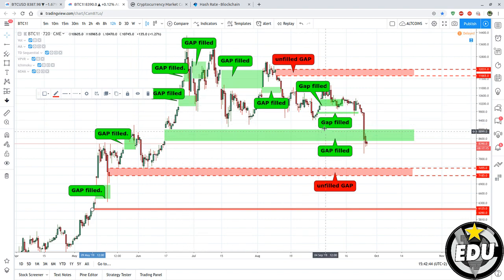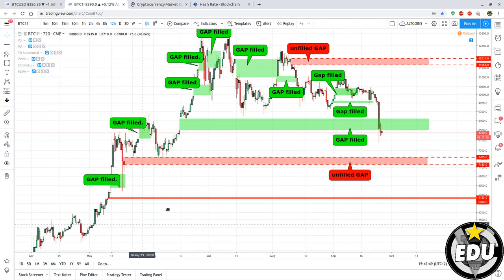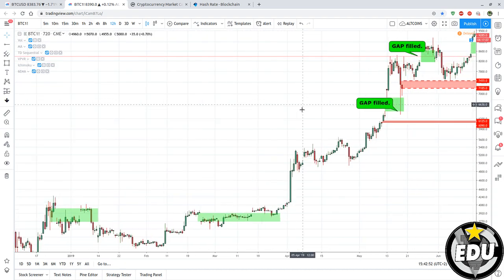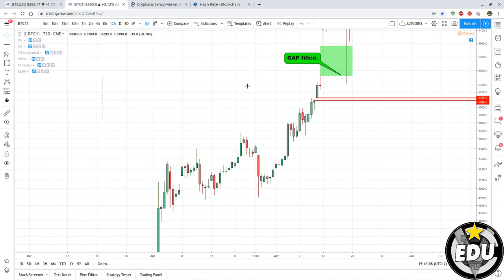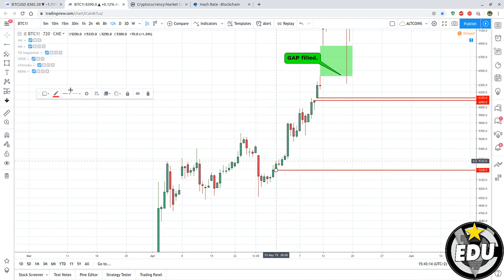Small gap at 524. Right here. Yeah, that might be a small one. Candle close here. Yes, that is a little one probably. As I said before, those little ones are not as important as the big ones, because only a few orders need to get filled.